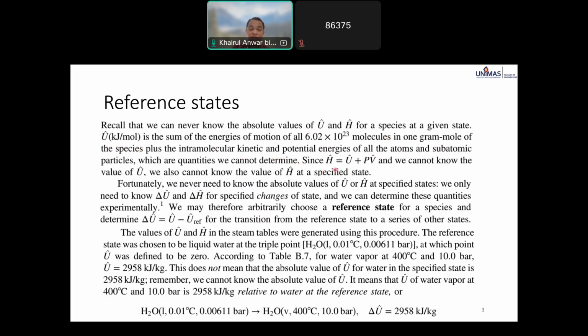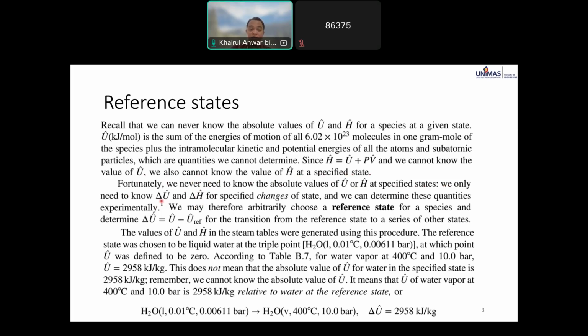Since specific enthalpy equals U plus PV, and we cannot know the value of U, we also cannot know the value of H at a specified state. Fortunately, we never need to know the absolute value of U or H at a specified state. We only need to know delta U and delta H.